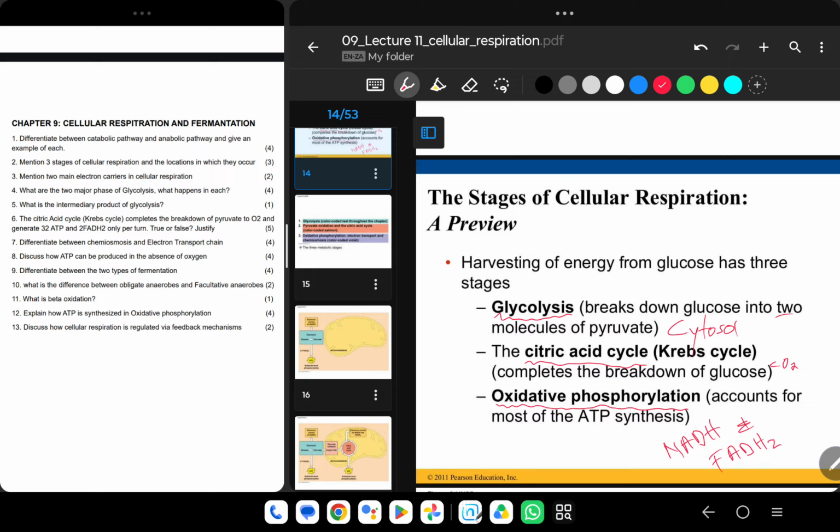And then the anaerobic one forms lactate, and it also forms alcohol.